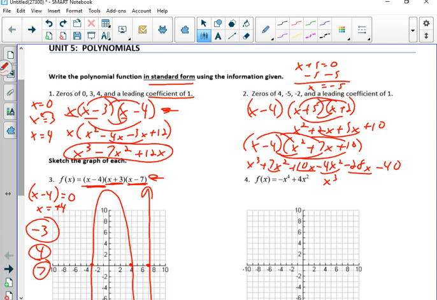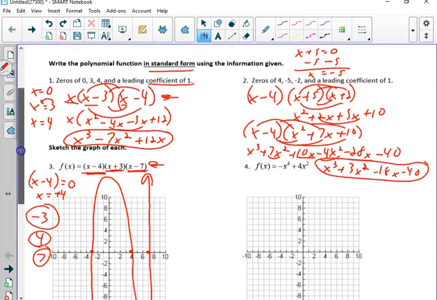X cubed, 7 minus 4, plus 3x squared, 10 minus 28 is negative 18x, and then the minus 40 just stays. And that is the cubic function that would have zeros of 4, 5, negative 5, and negative 2.